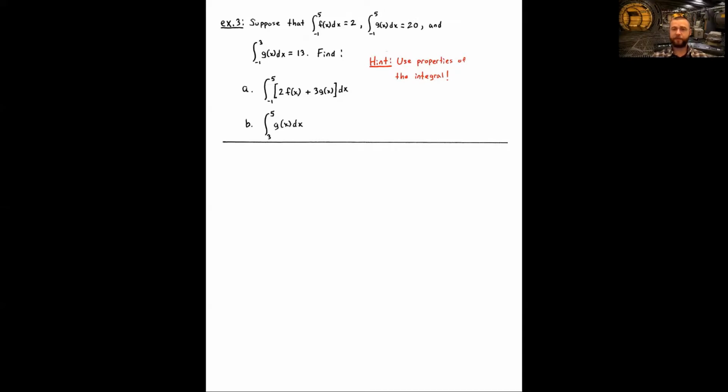But definitely refer to those properties of integrals and see how they might factor into the different integrals you're given here. Take a look at the x values, -1 to 5, -1 to 3, and then in part B, an integral from 3 to 5. We'll check in a few minutes.